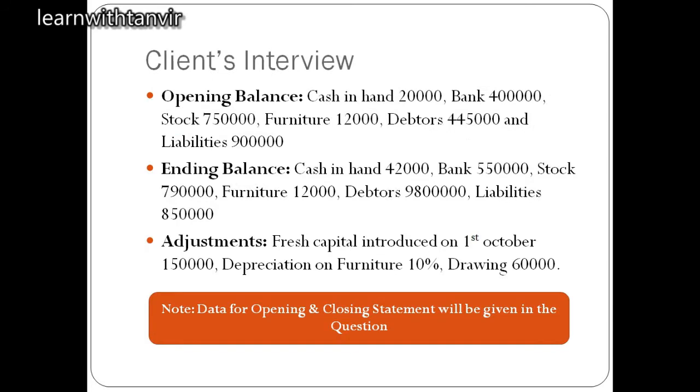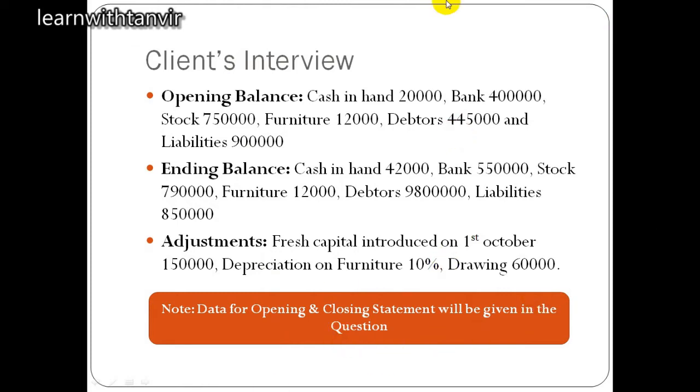You conducted an interview of the client to come to know what the position was at the start of the financial year and at the end of the financial year. He has provided you the following information, and please also note that this data will be given in the question.